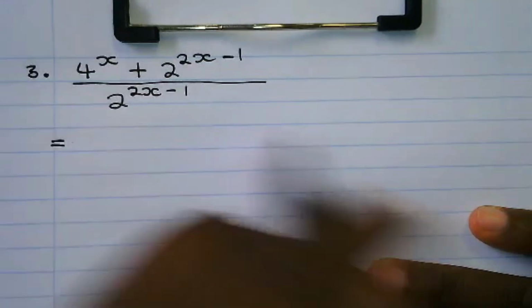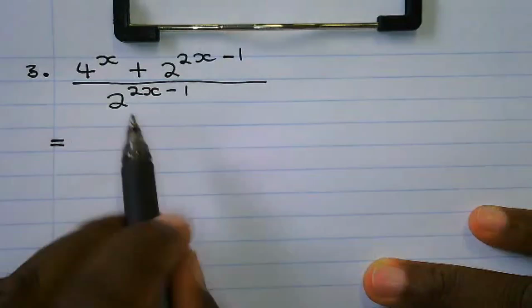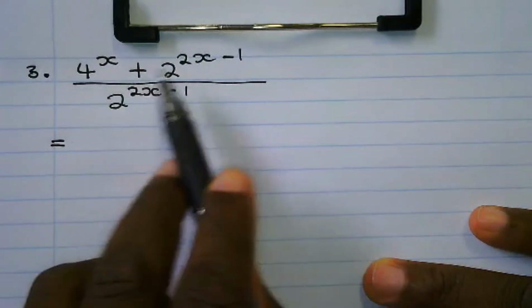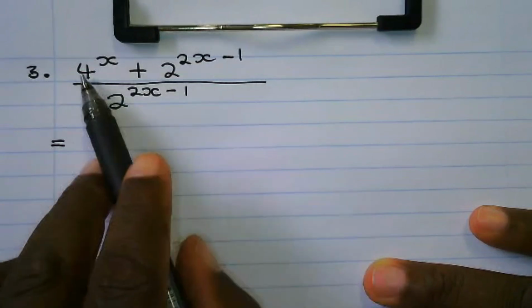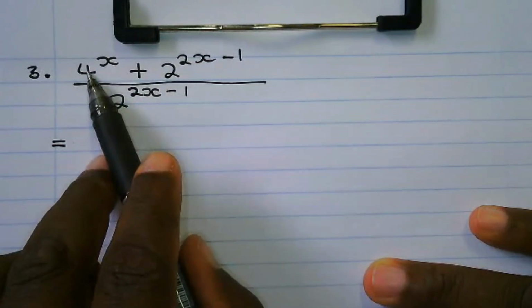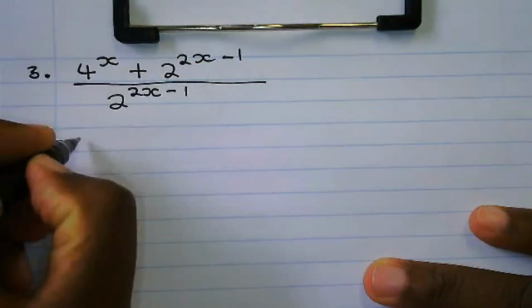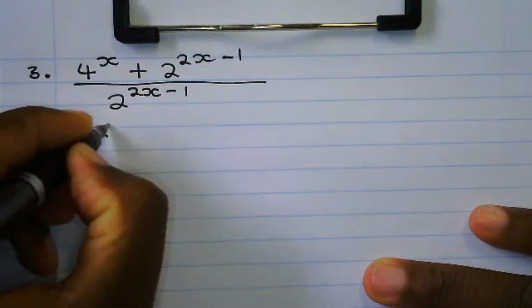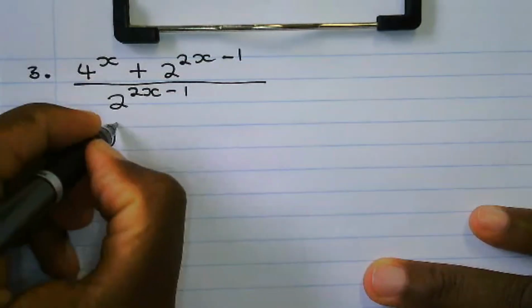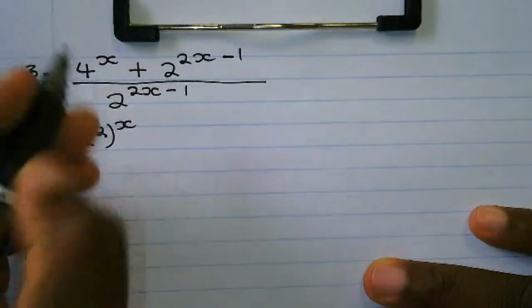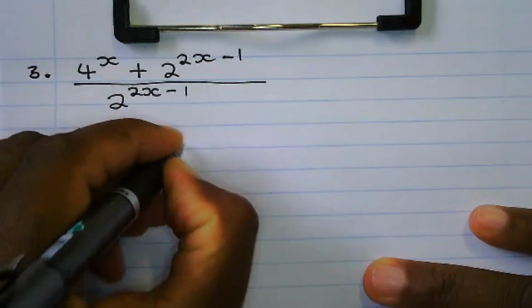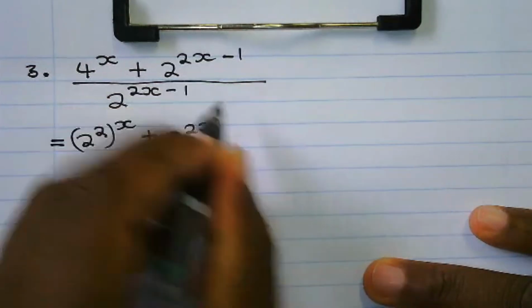Simplify. Alright, I have a base 2, I have a base 2. This 4 also has to be written as an exponent with base 2, that is 2 squared raised to the x there plus 2 raised to 2x.